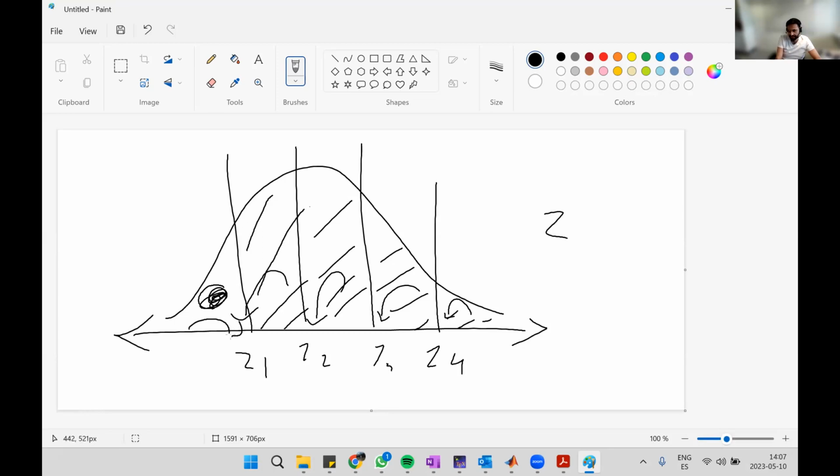Either I leave it and divide by the overall mass of firms that I have, so that the total sum equals 1, because the sum of the distribution should be 1, or I can assign it to Z1 as well. Under what condition you can do it, what is the right way to cut the distribution, that's the literature, this Gauss quadrature literature that I was trying to tell you about. We are not going to discuss it, but remember, this is the kind of algorithm that goes behind discretizing any continuous distribution.